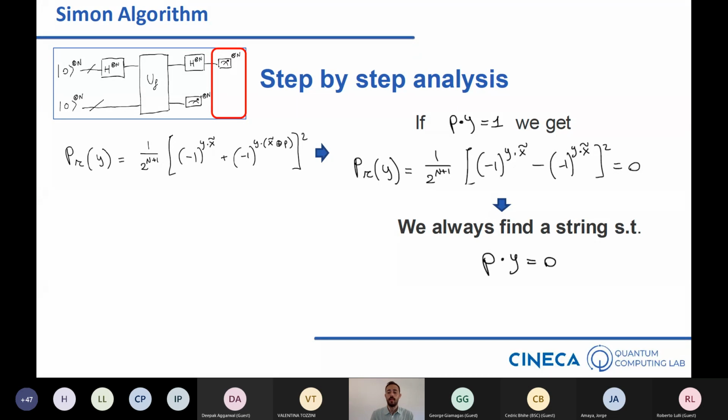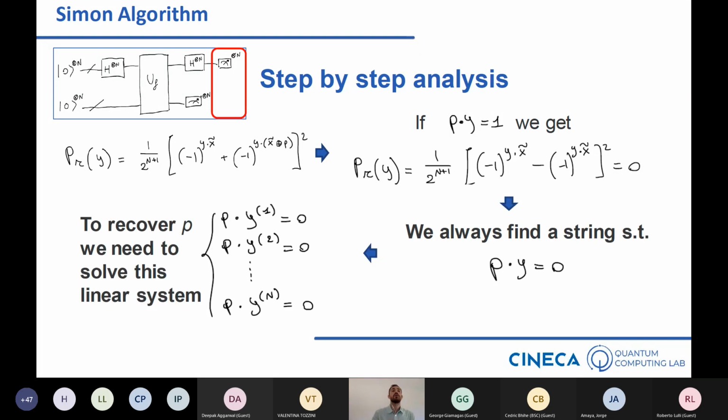Okay? So, in order to recover p, since p is a string of n bits, we need to solve this linear system. Okay, we need at least n linearly independent equations to find p.